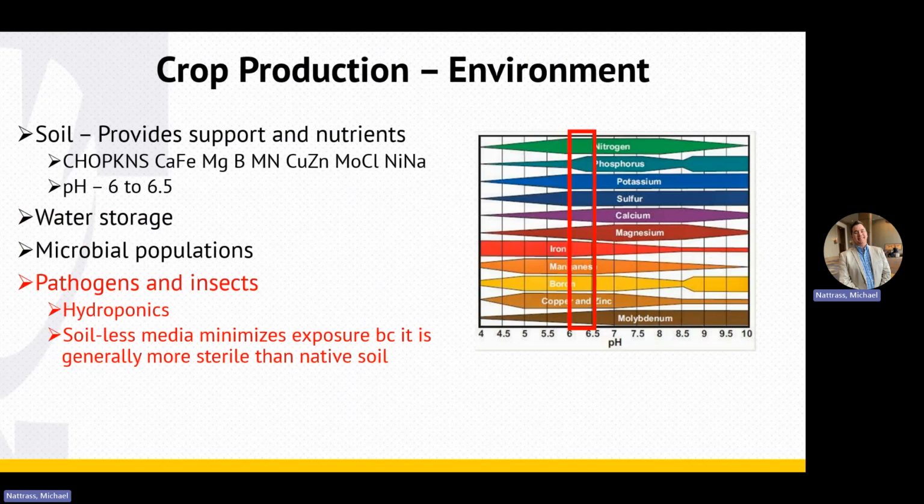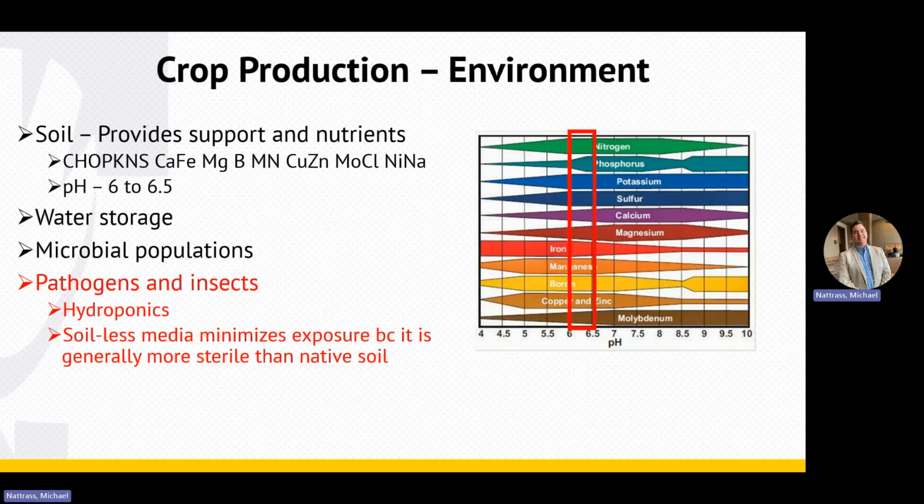One of the problems is that soil can also store things like pathogens and insects. To get around that, we can do hydroponics, and we use soilless media. Maybe you've had Dr. Pierce or Dr. Earhart, and y'all did plant propagation, and we had this media mix.